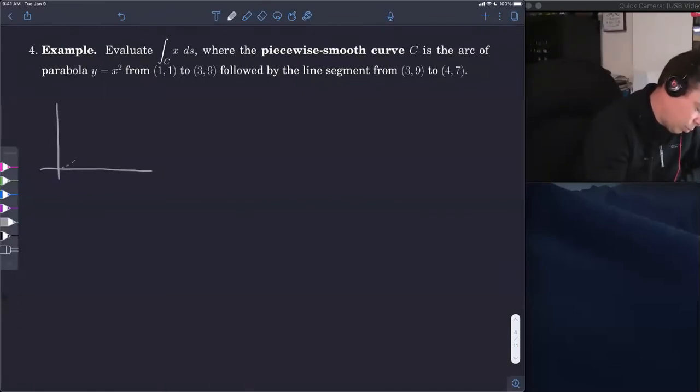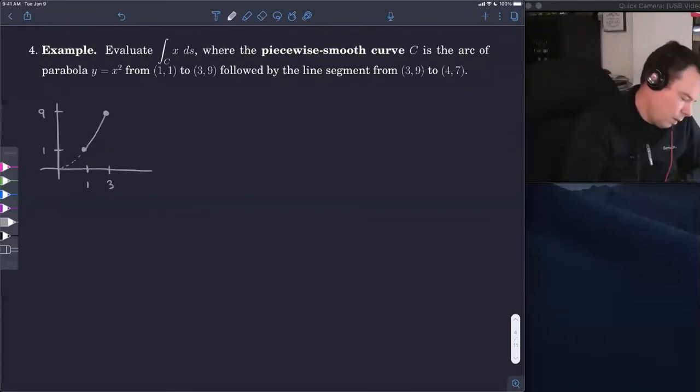So I'm imagining a parabola, and at (1, 1) is where it starts, and it goes up to (3, 9). So there's (1, 1), there's (3, 9), and that's our first segment. Let's call that C1. And that's on y equals x squared.